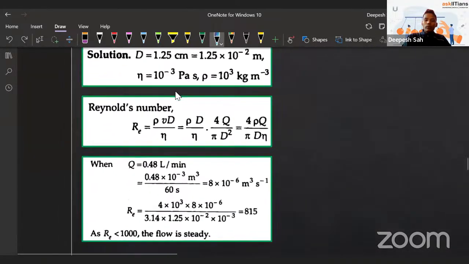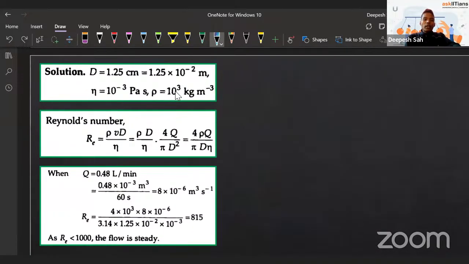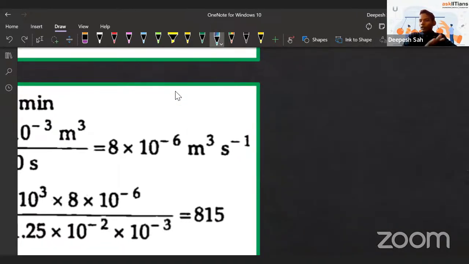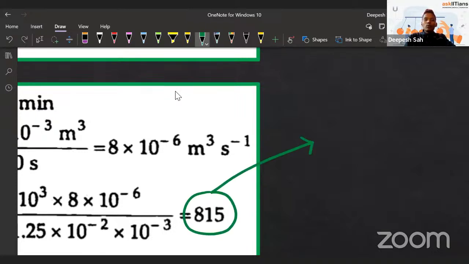For 0.48 liters per minute, the rest of the things are also known, and you will see that the Reynolds number comes out to be 815. You can do the calculations later. When the Reynolds number is equal to 815, can you tell me what type of flow this is?